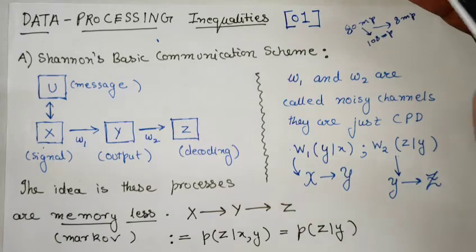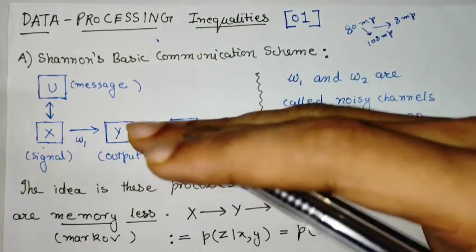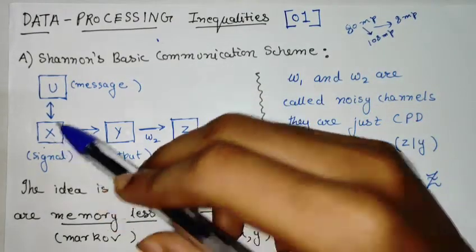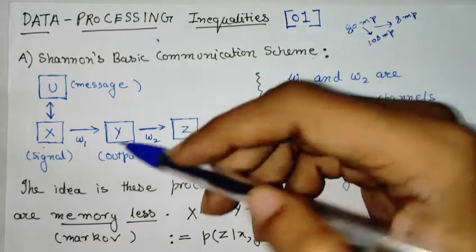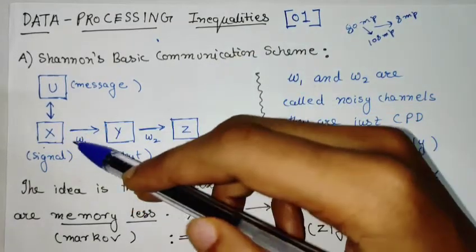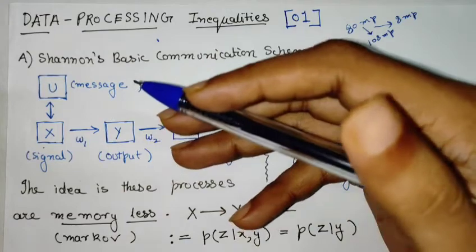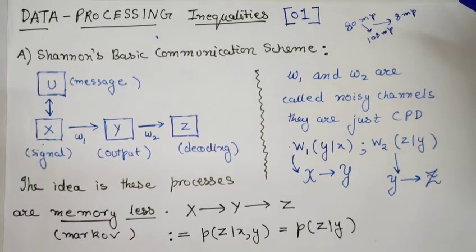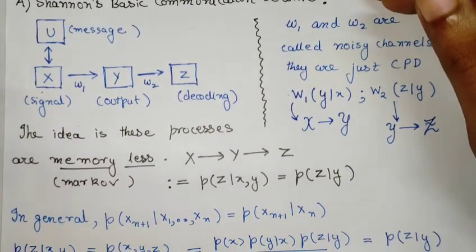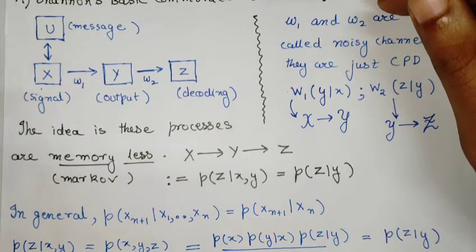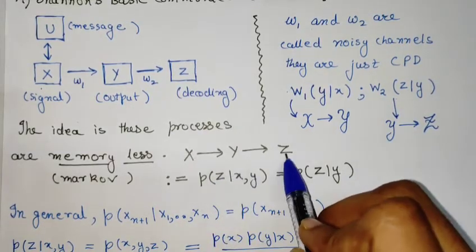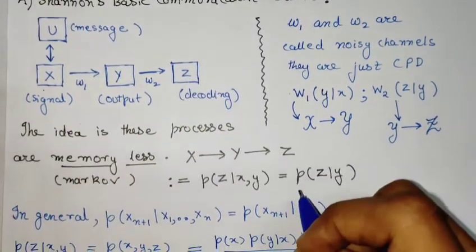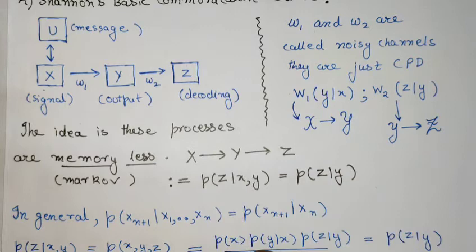The basic idea is that the step of transmission or the step of decoding doesn't care which kind of photo you sent. It will equivalently decode a photo of a mountain or a tree or a concrete structure, anything. So the idea behind data processing is that of Markovity or memorylessness. Suppose we have X, Y, Z. Basically you have encoded the message and you are transmitting.